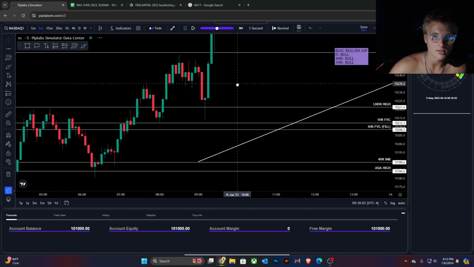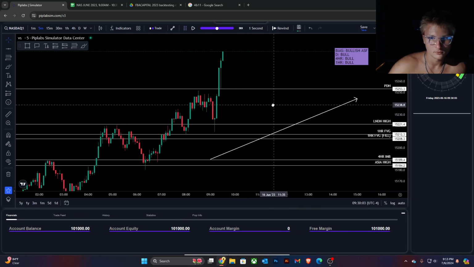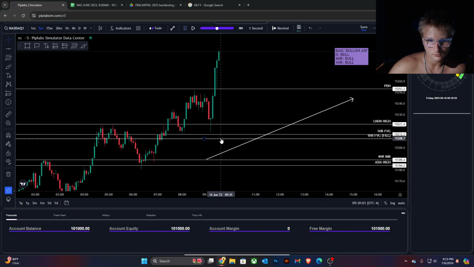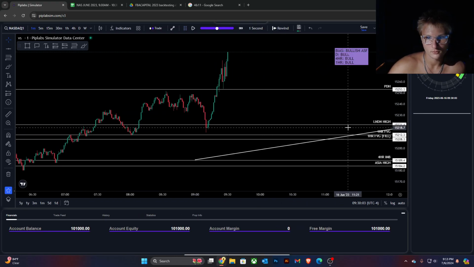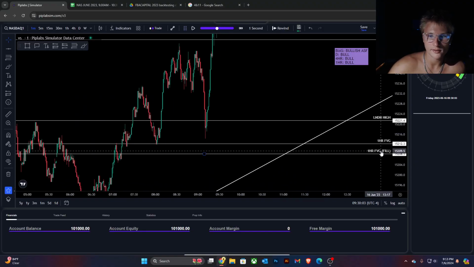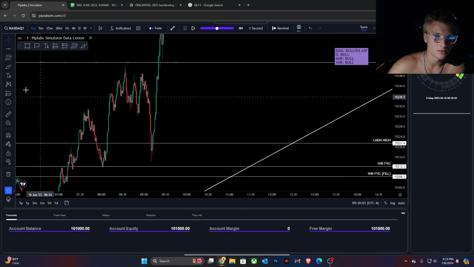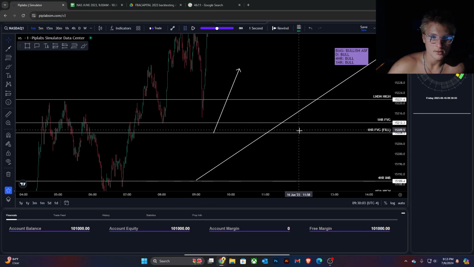But yeah, looking at lower time frames here, it could make sense if we sweep these lows right here and tap into this 1 hour fair value gap to fill it, to get a move up from there at 9:30 a.m. Honestly, I kind of like that.